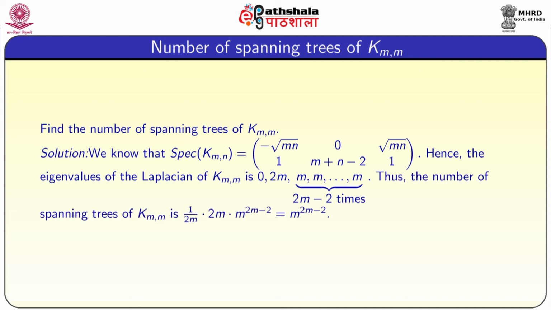Thus the number of spanning trees of Kmm is 1 by 2m, that is the number of vertices in Kmm is 2m, into lambda 1, lambda 2 up to lambda n minus 1. So that is 2m into m power 2m minus 2 divided by 2m, so that is equal to m power 2m minus 2.